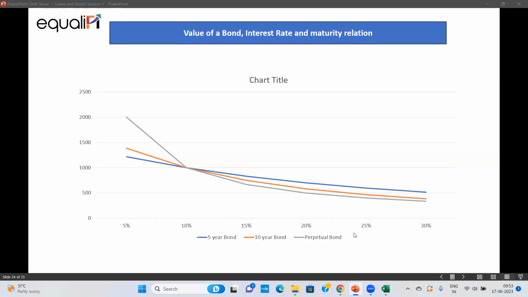So anybody who has done FRM here, then they have done an elaborate analysis on bonds. Is somebody FRM here, financial risk manager? Okay, Praveen.